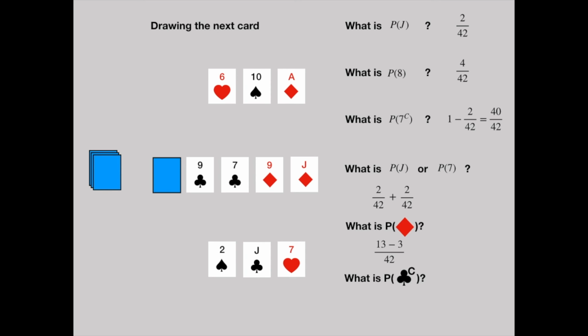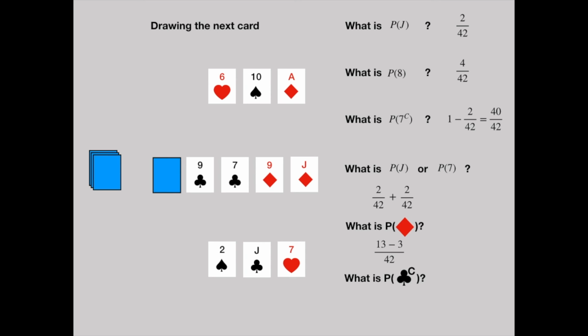The last question, what is the probability of not getting a club? There are 3 clubs on the table.